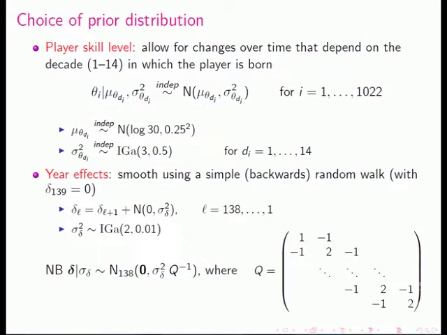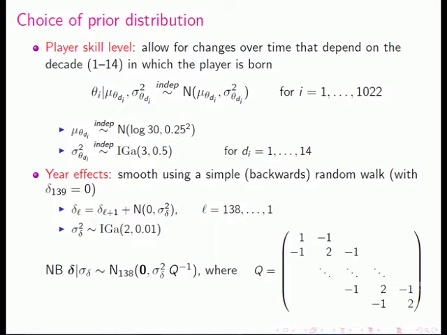The player skill level, we're going to try to batch players into decades when they're born. You might argue, well, perhaps it should be when they play rather than when they're born, but, you know, 6 and 2/3, I suppose. So what we're going to say is that the playability of player i, that's theta i, is going to depend on what decade they were born in.